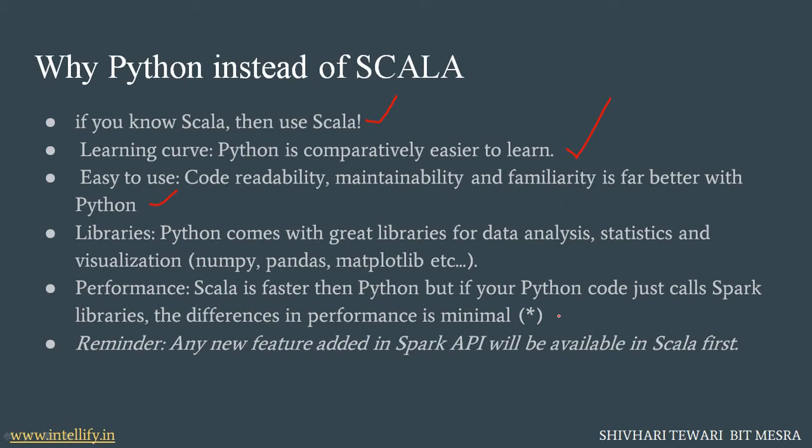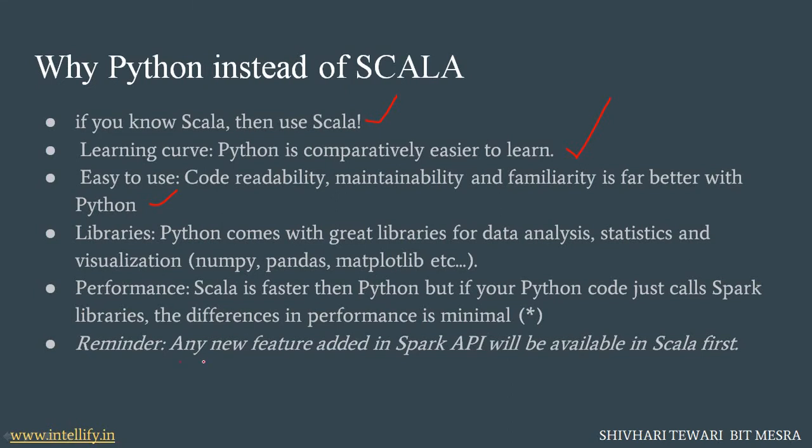That's why if we call a Spark package in Python and a Spark package in Scala, both packages will call the same Spark library, the same Spark function, and the difference in performance in both languages or interfaces will be so small that we can neglect it.